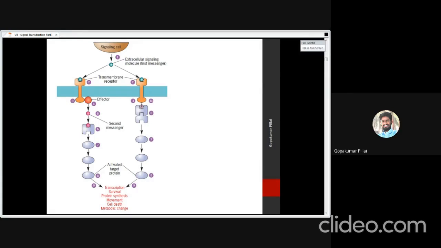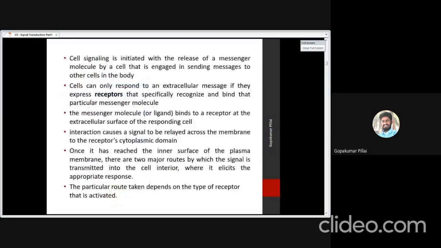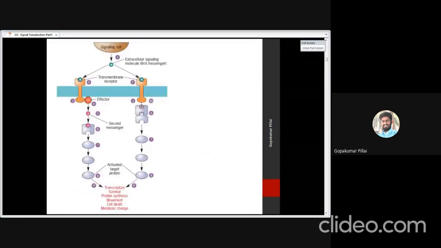In this generalized pathway, in the first route, I just mentioned that the cytoplasmic domain interacts with the effector. The effector helps in generation of the second messenger, and the second messenger then starts interacting with subsequent cell signaling proteins. I already told you in previous lectures that inside the cell, it is a series that happens.